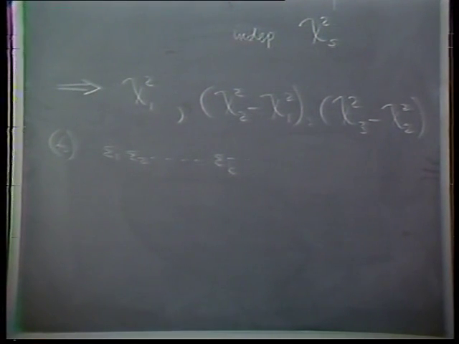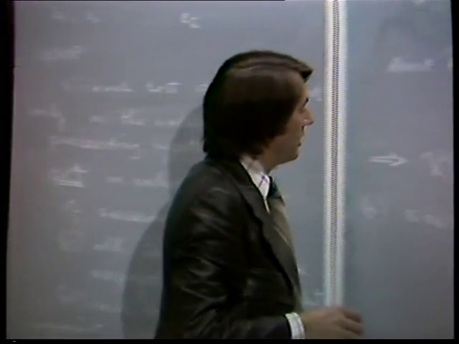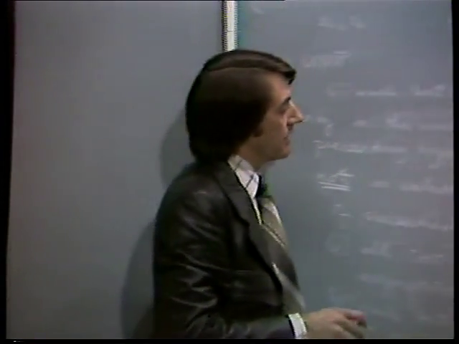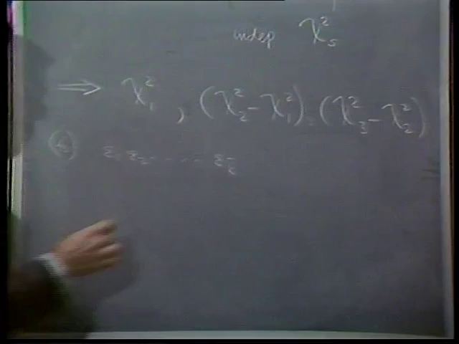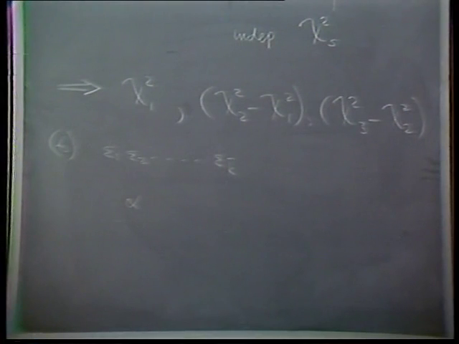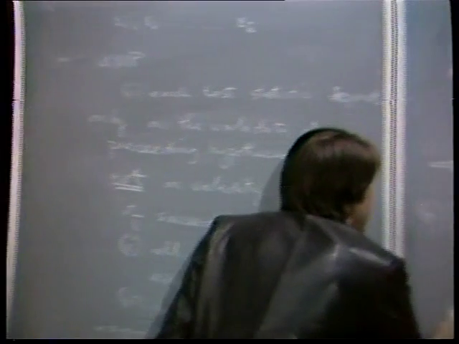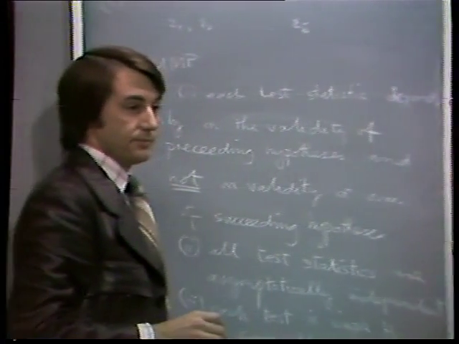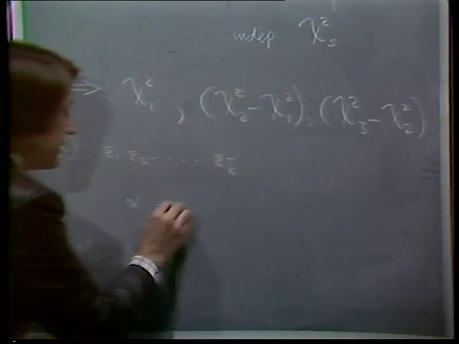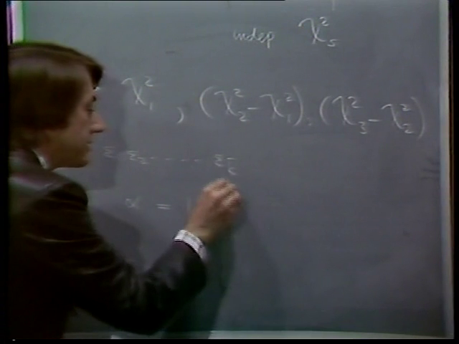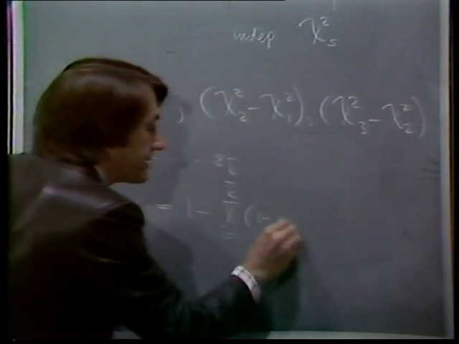In other words, the test of the most restricted model against the maintained. Well, the answer is, again, because of this independence, that the significance level alpha for the test of H0 against HM is in fact given by 1 minus the product, i from 1 to k bar, of 1 minus epsilon i.